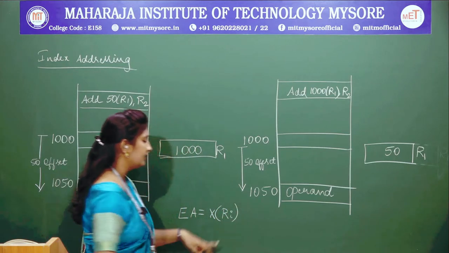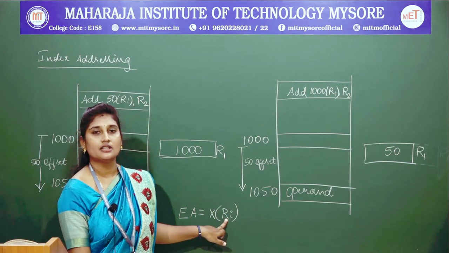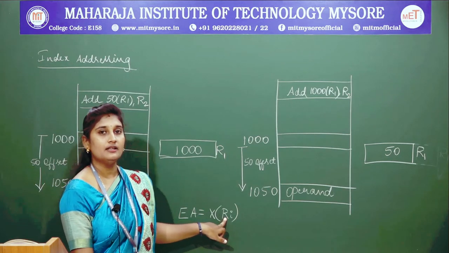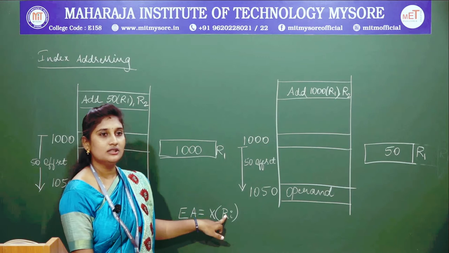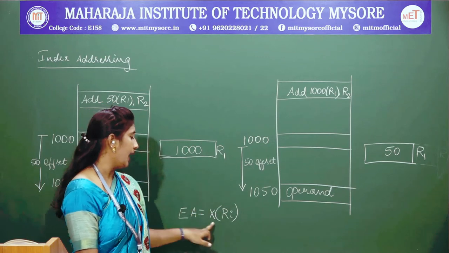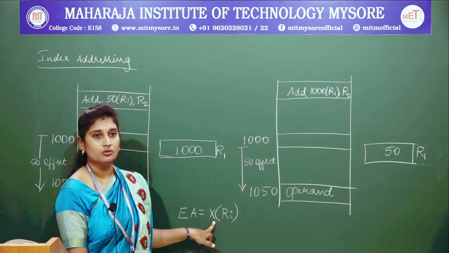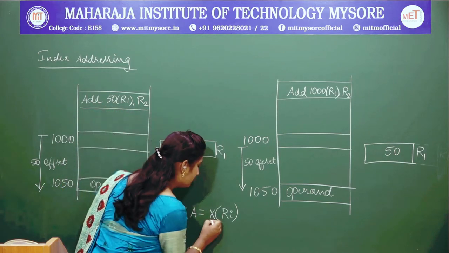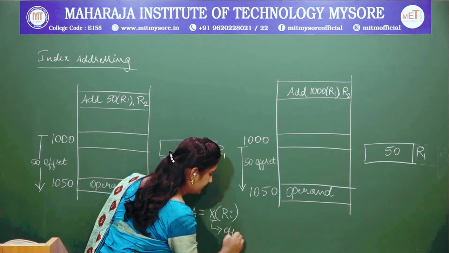In indirect mode, the general purpose register is enclosed within brackets, and then you call it an indirect mode. Now to this indirect mode, you add a constant value. This constant value is called an offset or displacement.